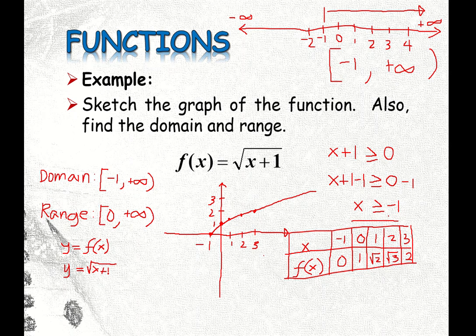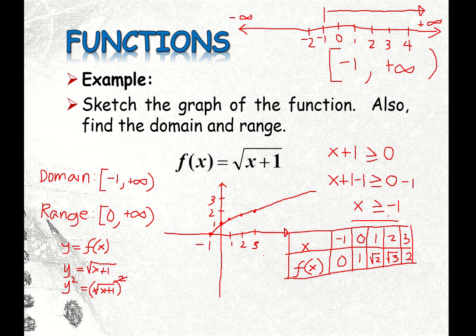Okay, now if we square both sides, we have y squared equal to square root of x plus 1 squared. So you square this. We know that the root here is 2, so you have 2 here, then you have the exponent 2.